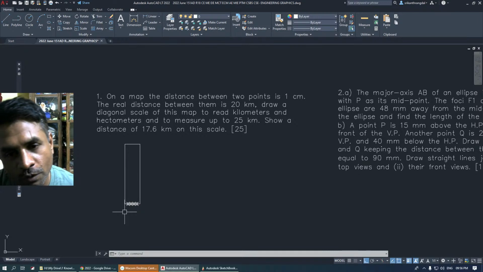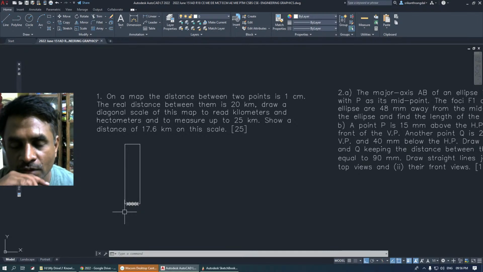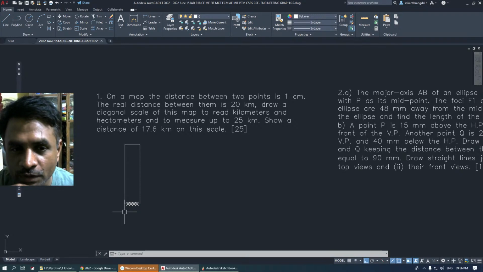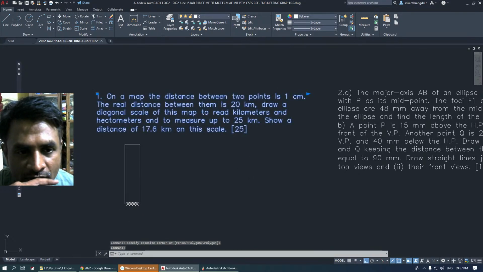Even if you're asking for this to be made using AutoCAD or some other such option, then that's okay. That's understandable. But doing that by hand like this, that's simply crazy. I think there is a typing mistake here, and this 1 centimeter is actually supposed to be 10 centimeters.